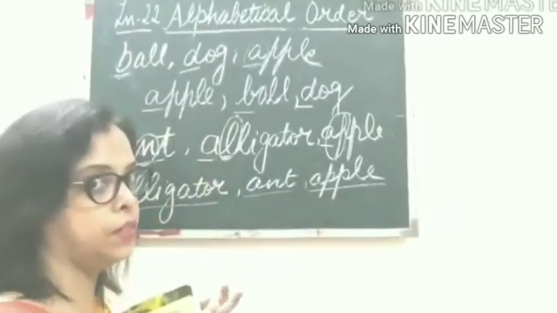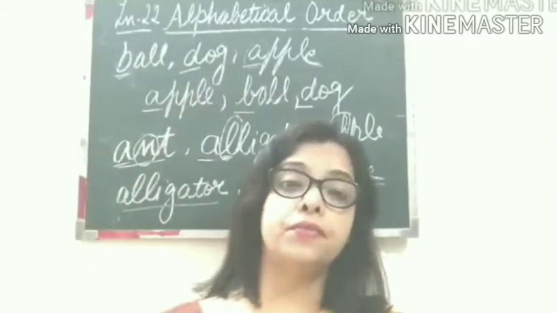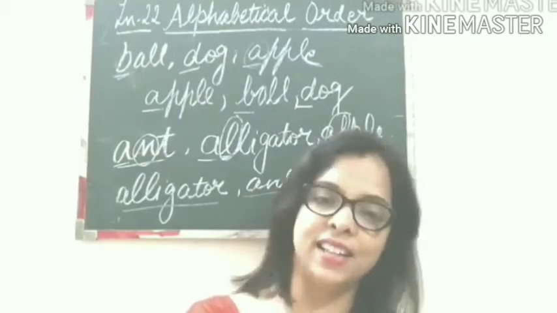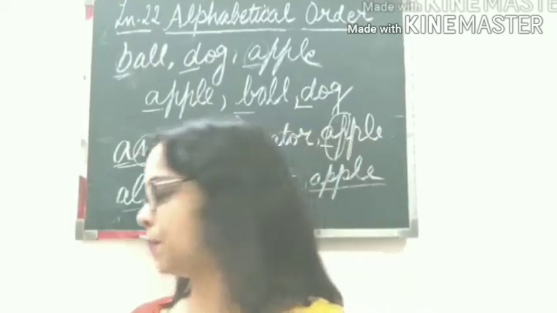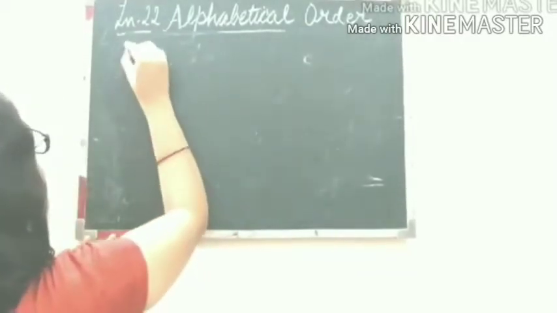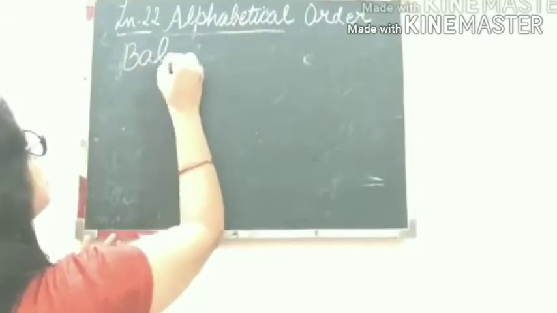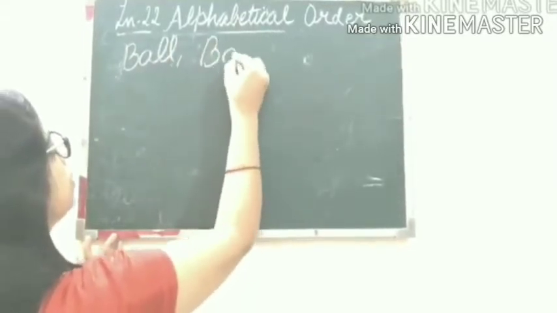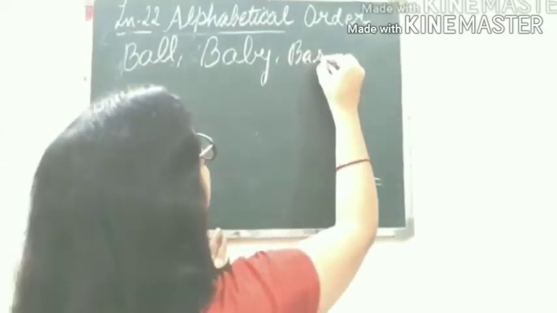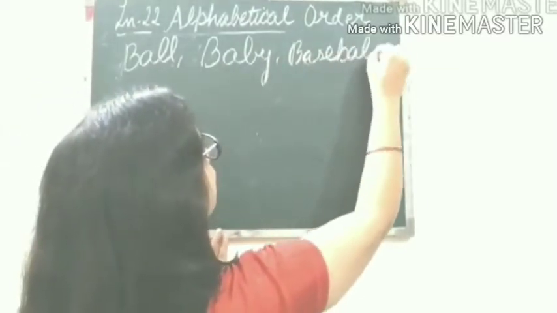Now, what if the first two letters are the same? Then we will see the third letter. Okay, let's see some examples. Let's say ball, baby, baseball.